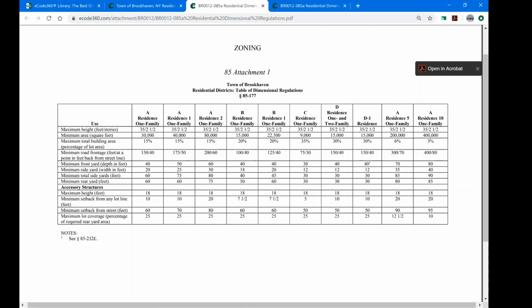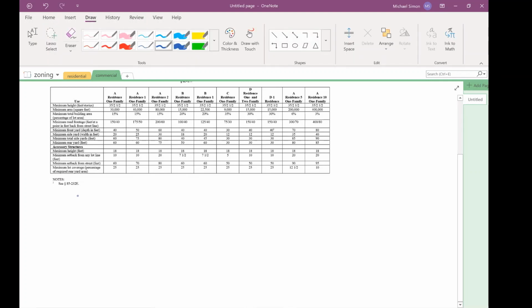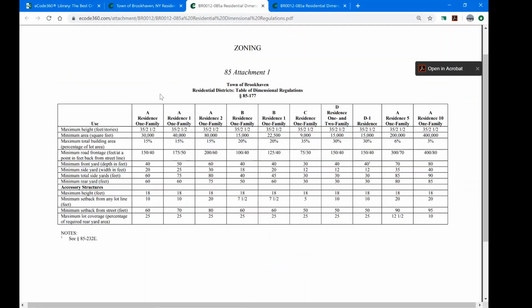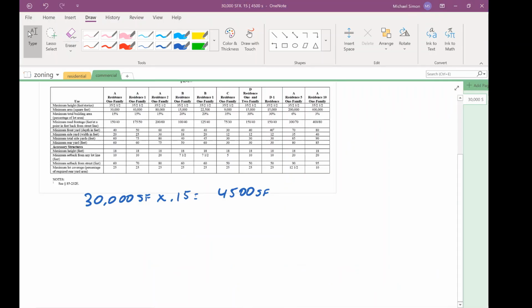How does that happen? Well, if you take a 30,000 square foot lot times 0.15, that's equal to 4,500 square feet. That's the size of the house. If we go back and look at 11,250 square feet, that's the size of the house, that would be 15%.